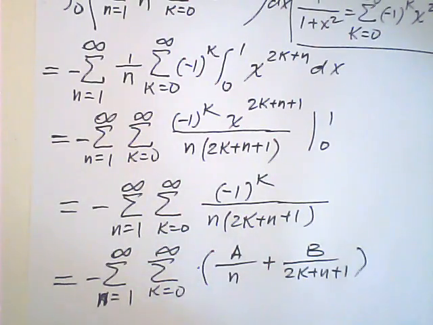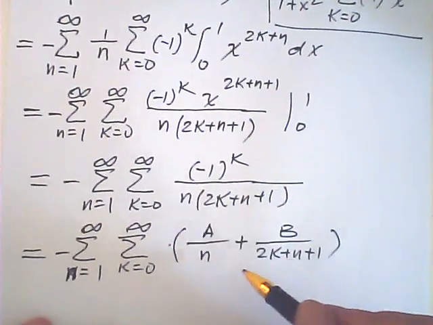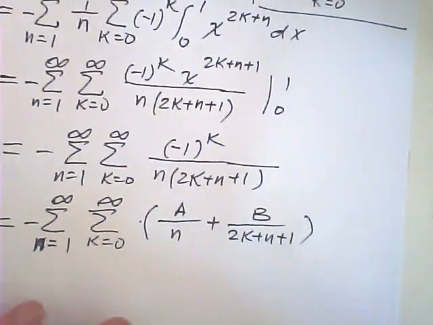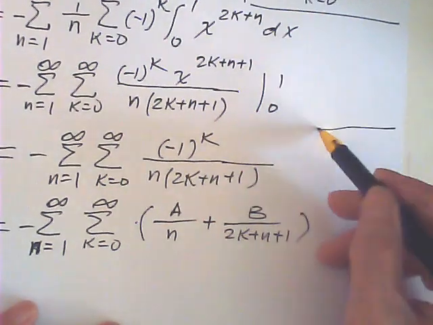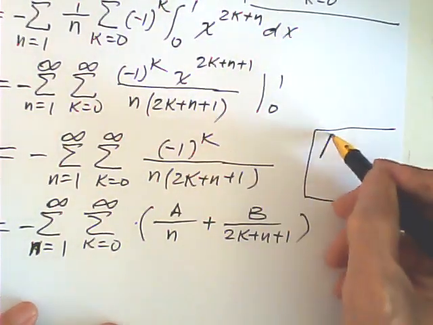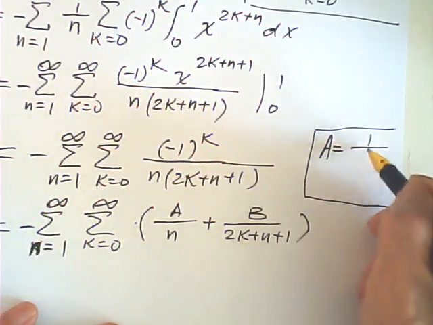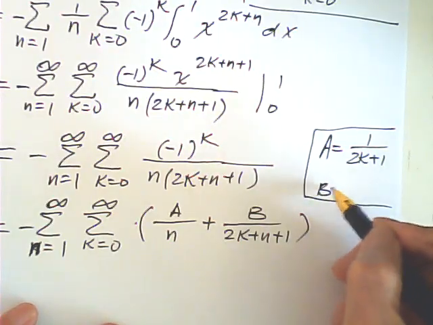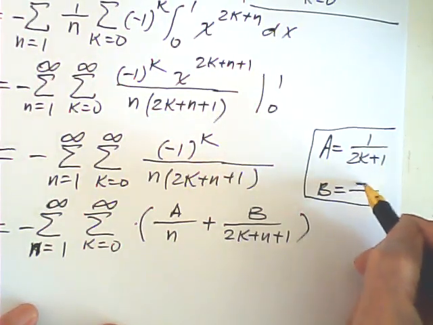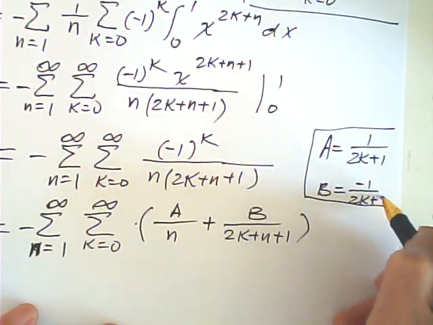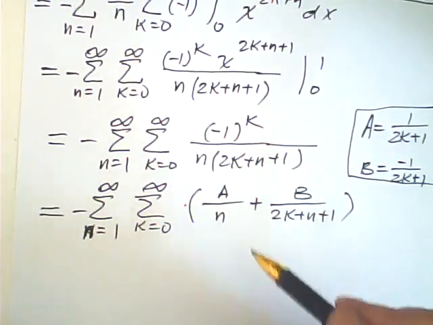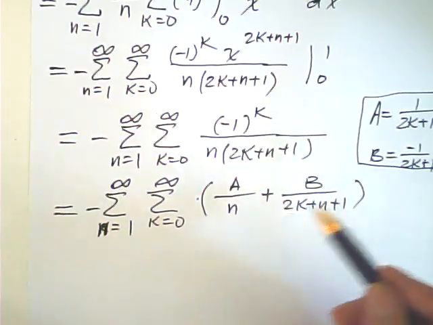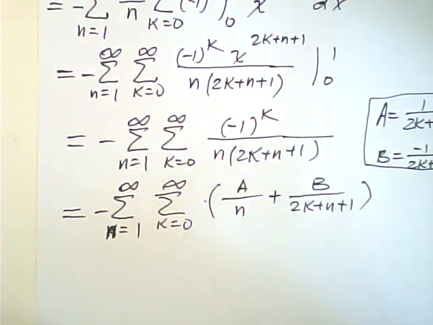Well, then we determine A and B by comparing the coefficients. I think you can do it. I skipped that. Okay, A is equal to 1 over 2k plus 1, B is equal to minus 1 over 2k plus 1. See, nothing, just tedious calculation, determination of A and B.